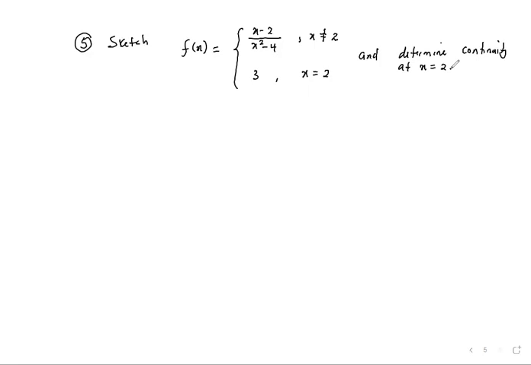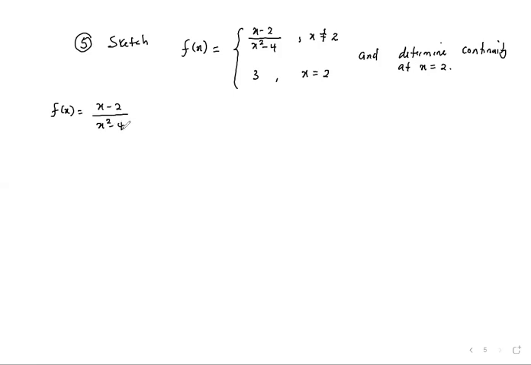Okay, so let's get at the graph. First we pick the upper part. f of x is equal to x squared minus 4 over x minus 2, hmm, rather (x minus 2) over (x squared minus 4).